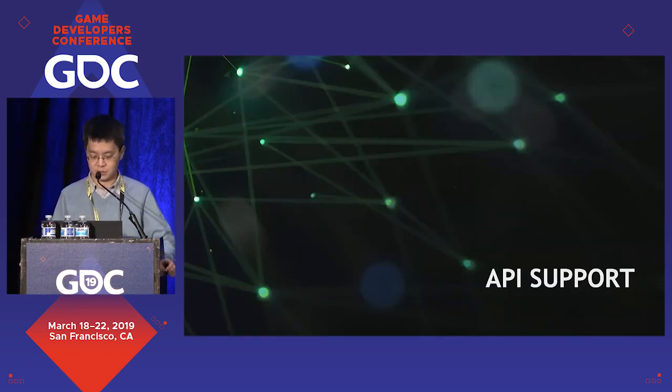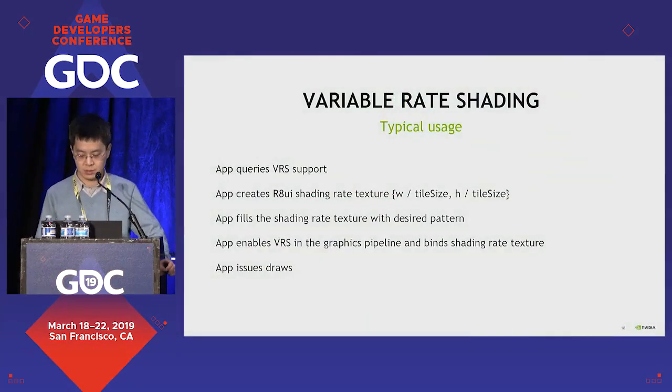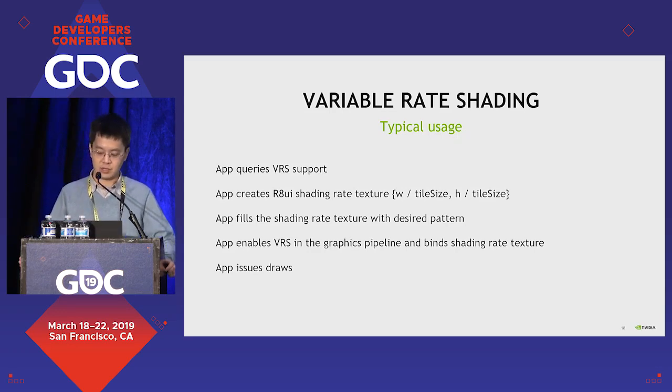Okay, let me spend a few minutes to talk about the common API support for this new feature. This is the typical usage pattern for enabling VRS in an app. So the app first queries VRS support. If it is supported, then it can create an 8-bit unsigned integer shading rate texture, and then it fills it with the desired shading rate pattern.